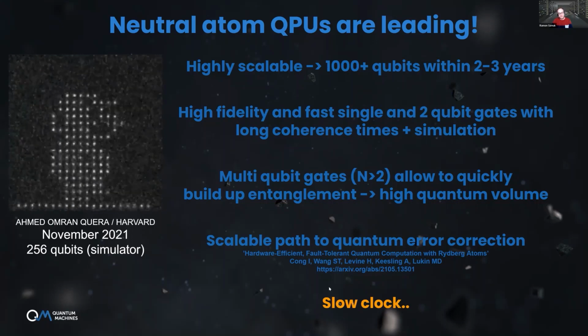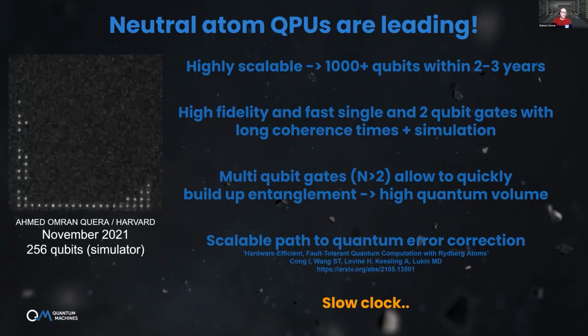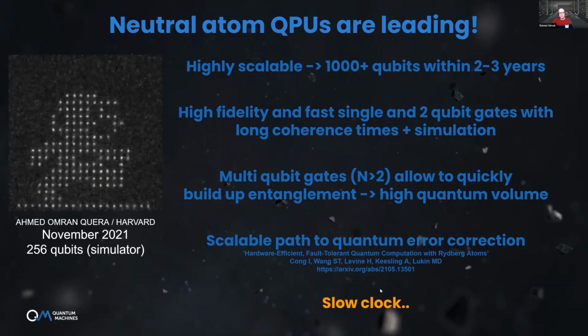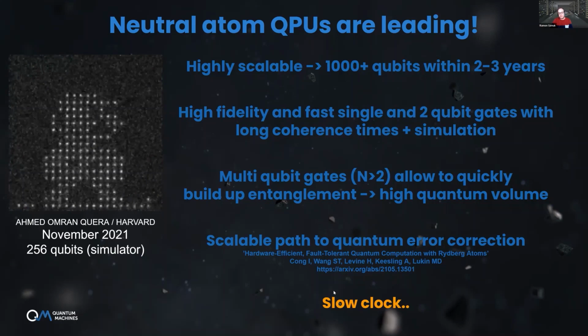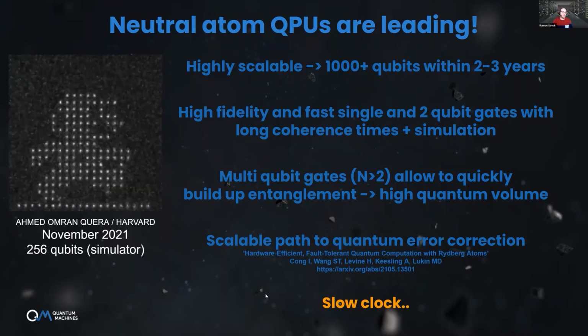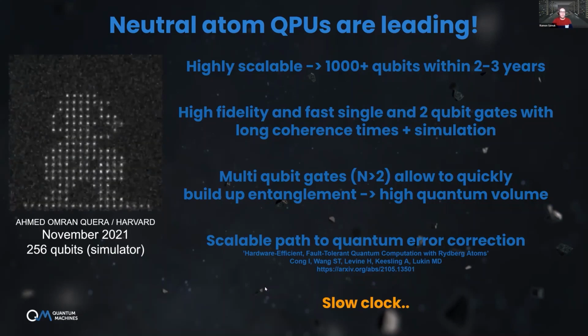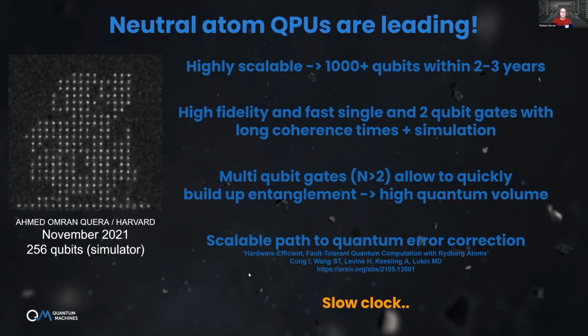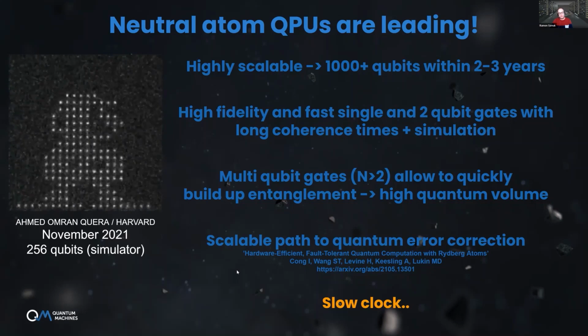We'll go into some details later on, into ways to at least try to add some scaling, some prefactor to the clock speed by reusing atoms, and at least interlacing calibrations within the shot-to-shot operation.